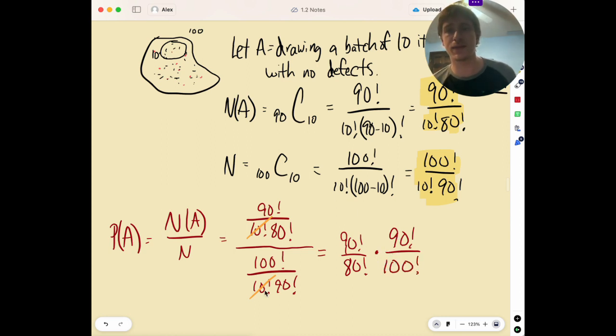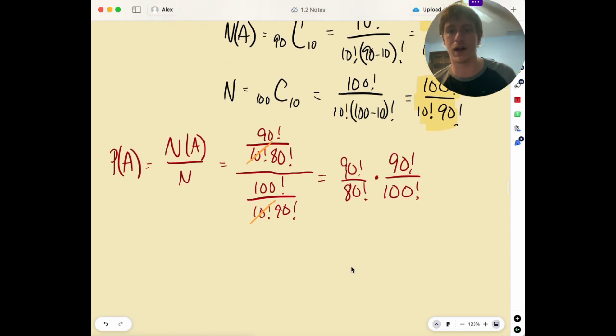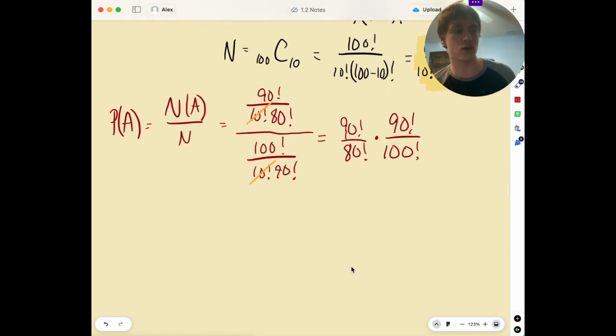Okay, and it takes some experience and practice dealing with expressions with factorials.